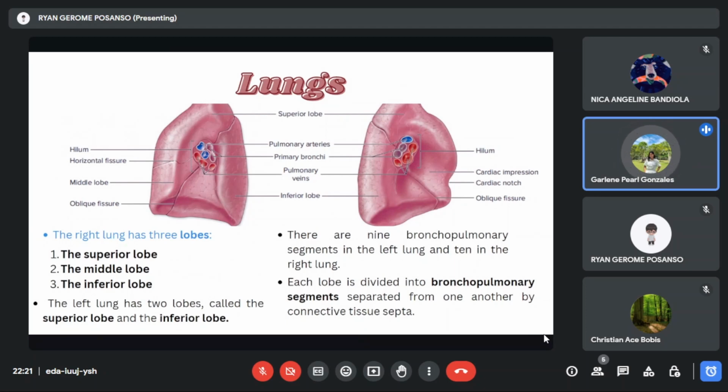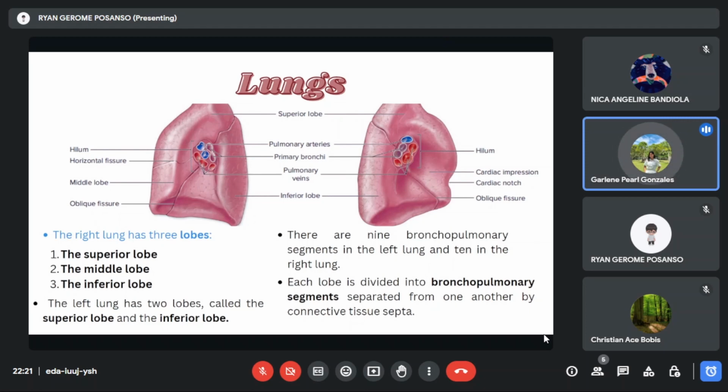First is the superior lobe, the middle lobe, and lastly the inferior lobe. So as you can see in here, these are the three lobes. Okay, so the left lung has two lobes called the superior lobe and inferior lobe.